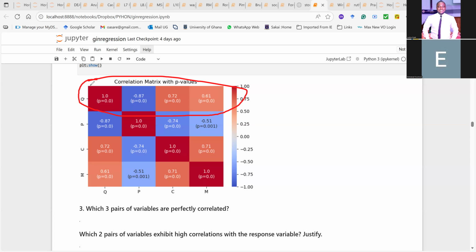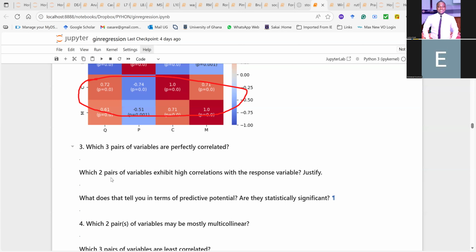Because after the negative 0.87, it has a coefficient of 0.75. Very good. So that's how you identify.